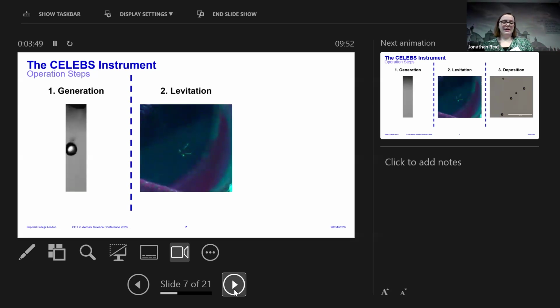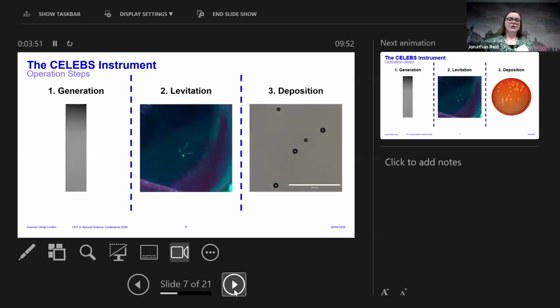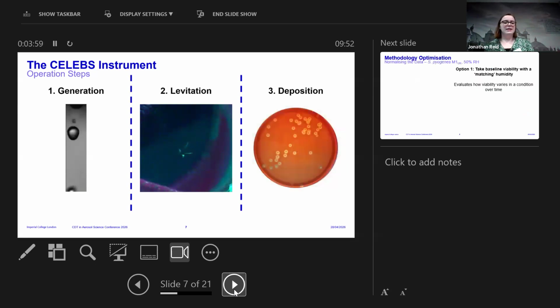Once our exposure is completed, we then deposit the droplets onto an agar slide, apply a small amount of liquid culture to disperse the droplets, and this allows us to see the number of colonies that have survived the levitation exposure.